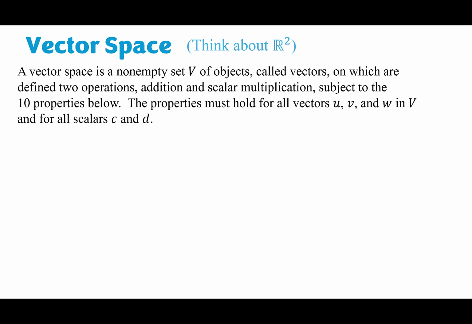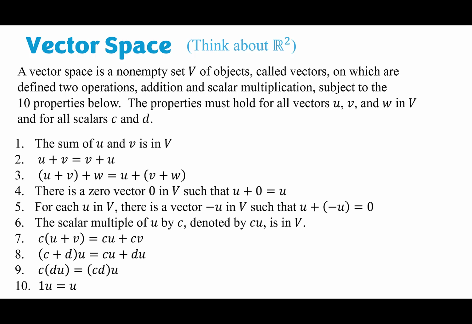All right, we'll keep moving on here. Subject to the 10 properties below. There are 10 properties listed here, and we'll go through each one using R2 as our particular vector space. The properties must hold for all vectors u, v, and w in this vector space V, and for all scalars c and d.